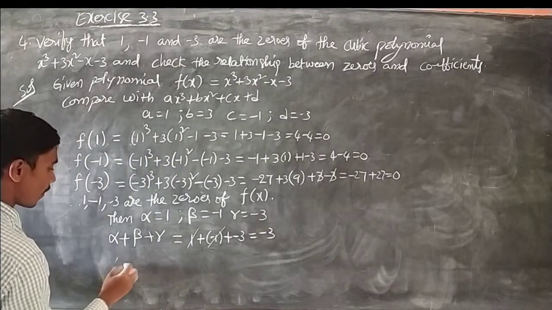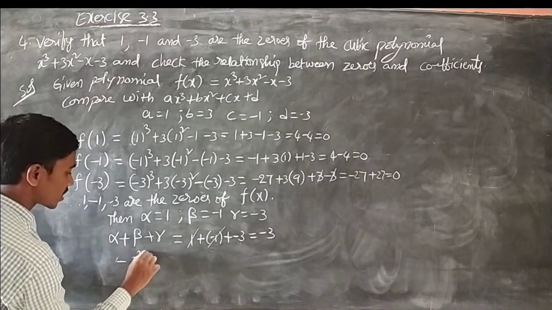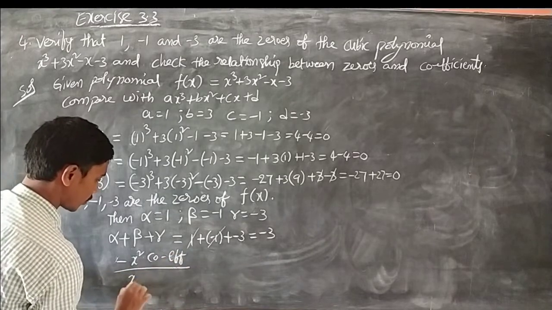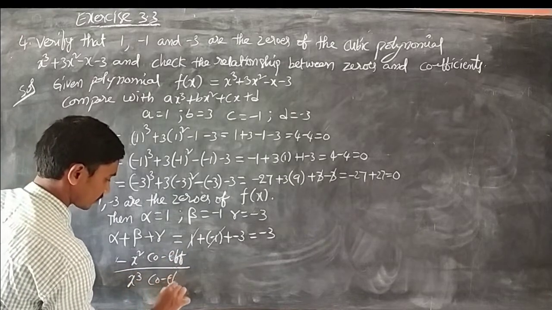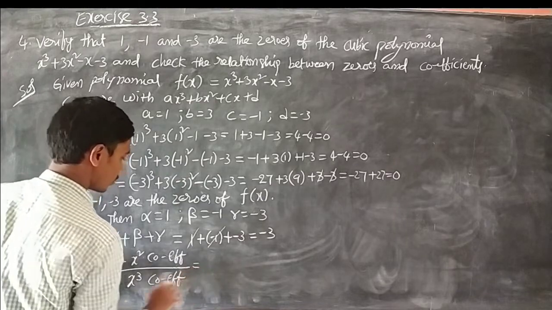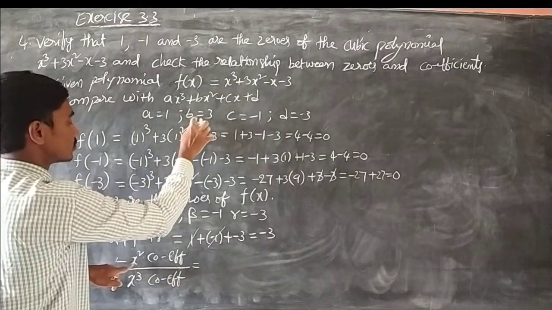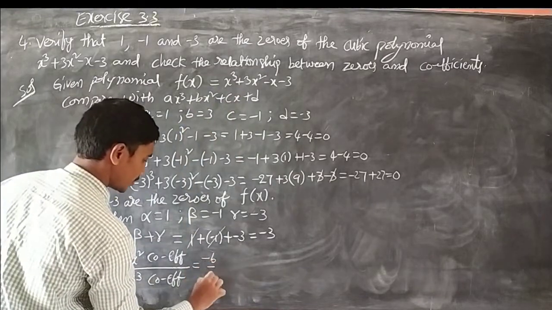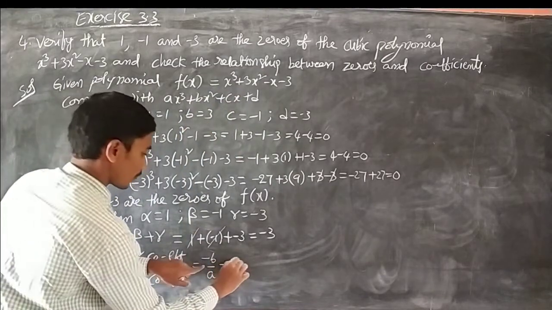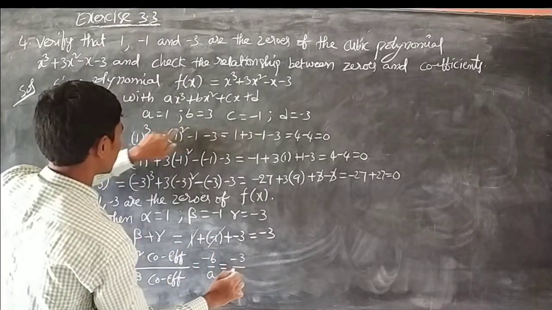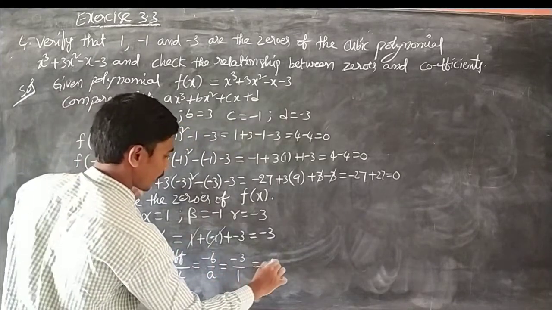Now find minus of x square coefficient by x cube coefficient, which in general form is minus b by a, that is minus of 3 by 1, equal to minus 3.